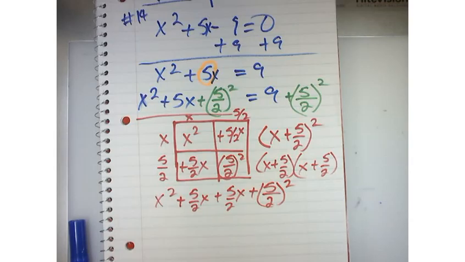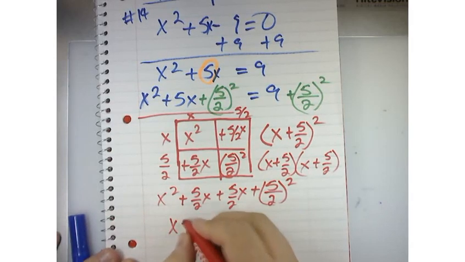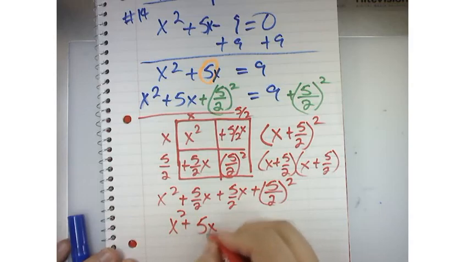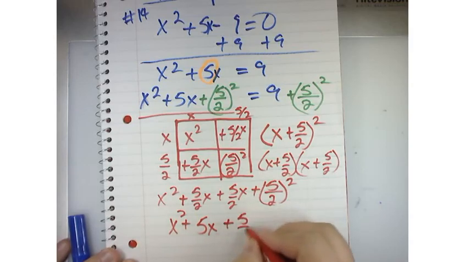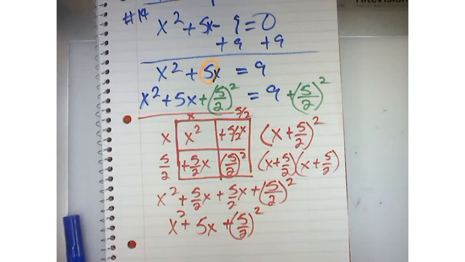Well, when you have 5 halves plus 5 halves, what do you end up with? 10 halves. What's 10 halves? 5. So what I've done is created a perfect square. By taking that middle number and dividing it by 2 and then squaring it, I've created a perfect square.